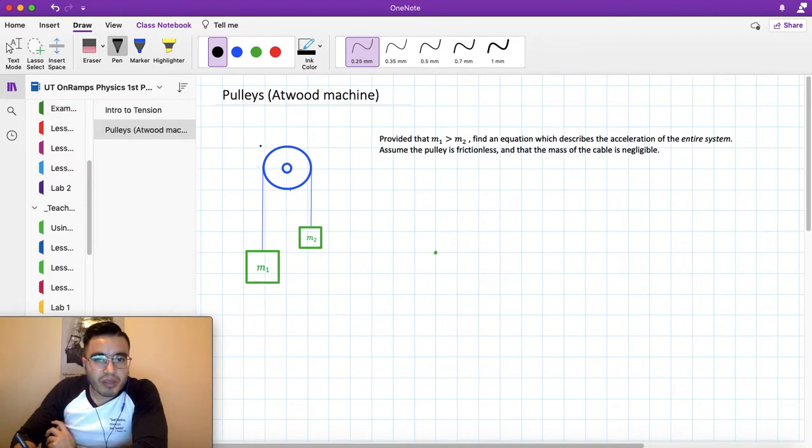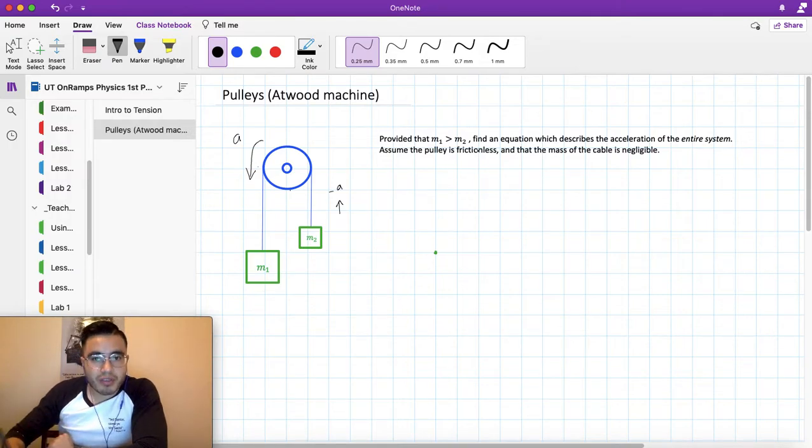So the motion will follow this direction, and I'm going to label this as positive, just because that's the direction of motion. So down is positive for this example. Mass 2 will be moving upwards, therefore mass 2 will experience an acceleration which is negative. That's very important for us to know, okay?